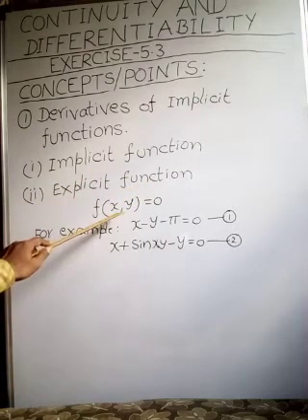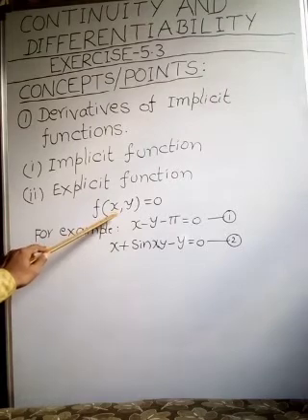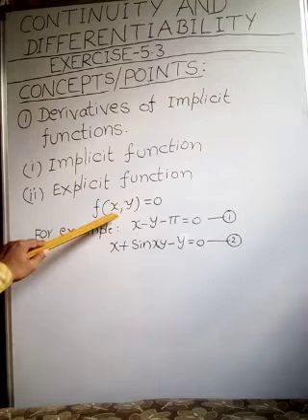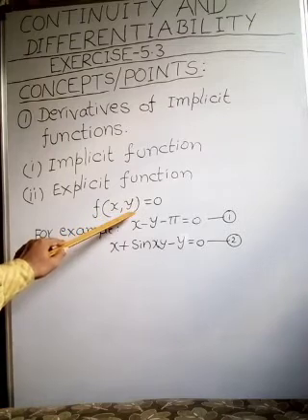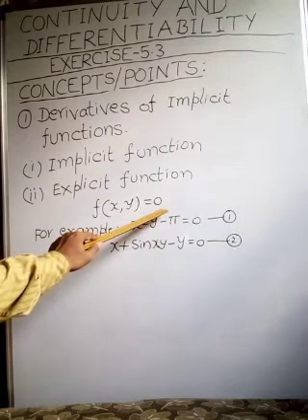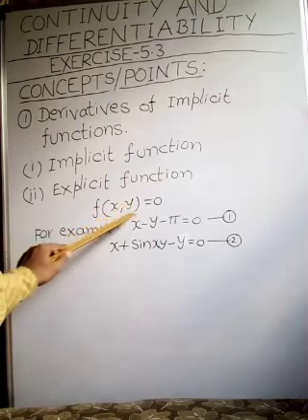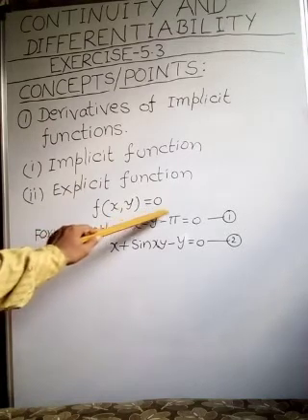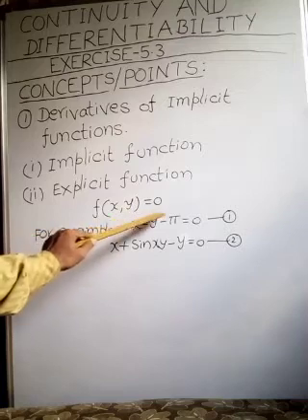Suppose the relation between the variables x and y is given in the form of an equation like this: f of x comma y is equal to 0.